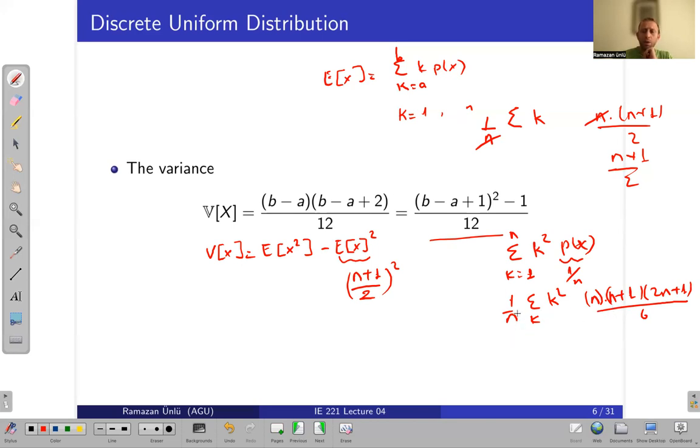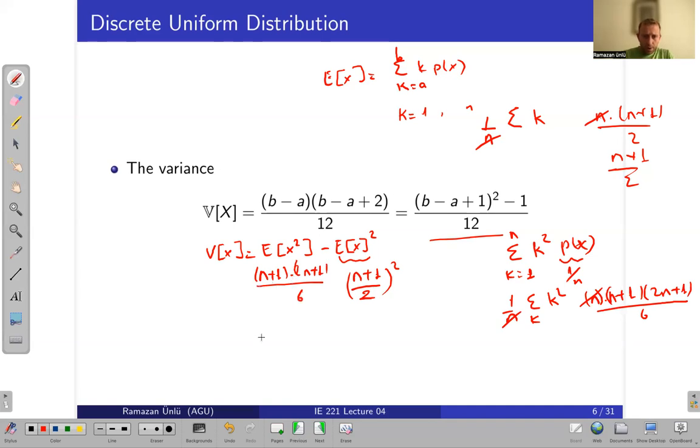So this term will cancel, and I have here (n plus 1) times (2n plus 1) divided by 6, right?